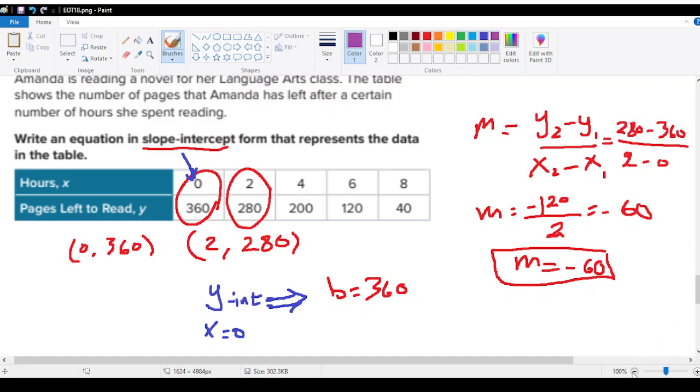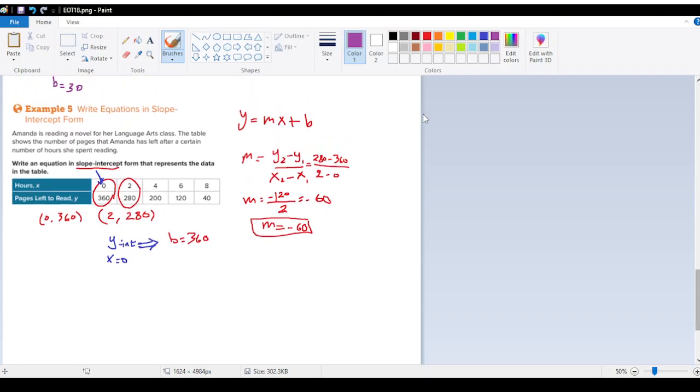What's the equation here in this case? Y equals minus 60x plus 360. Okay, understood?